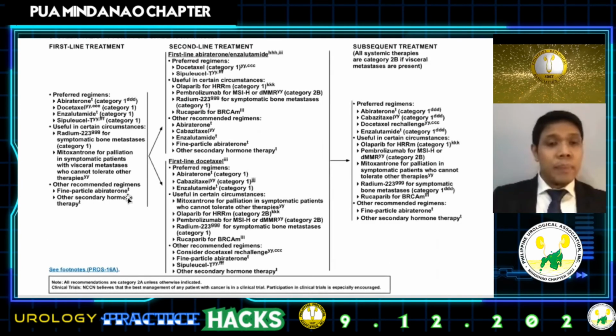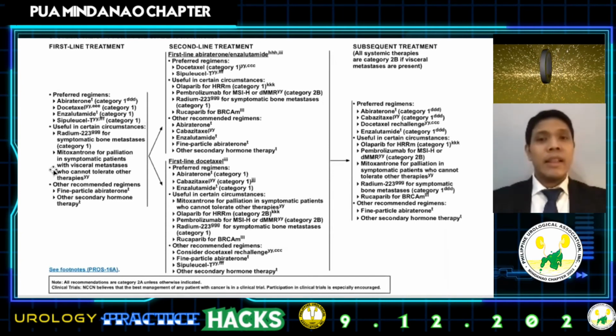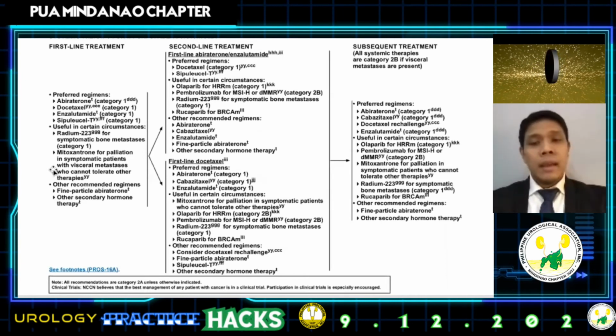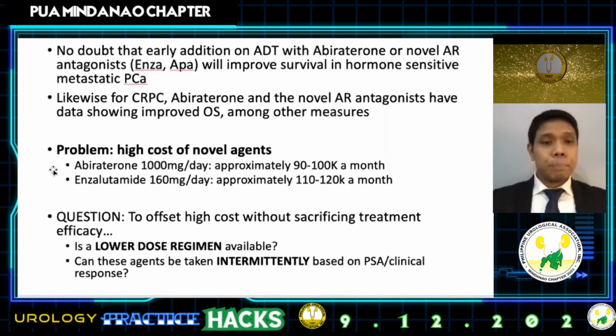Likewise, of course, we all know even before that for castrate-resistant disease, the combination therapies would be superior to just ADT alone. The TAX and SWOG studies established docetaxel many years ago as a treatment. The PREVAIL trial for enzalutamide and the COU-AA-302 for abiraterone have established their roles in the castrate-resistant setting.